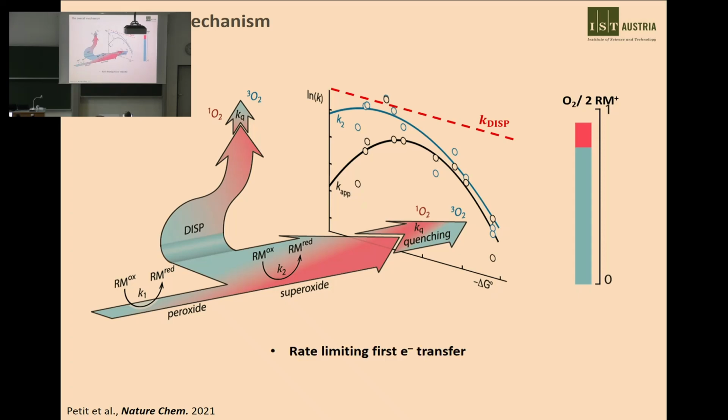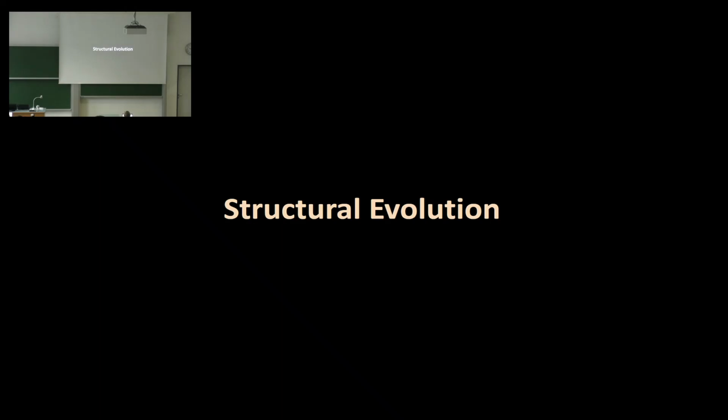The first step is rate limiting, and disproportionation is again the major oxygen evolving pathway. In order to compete with this, one needs to be faster than the disproportionation pathway. So then I'll shift to other work on structural evolution.